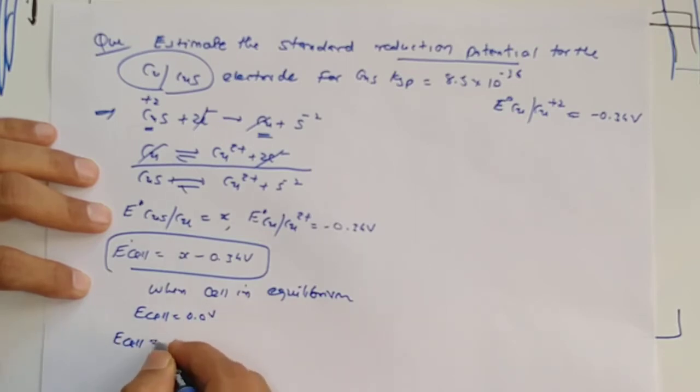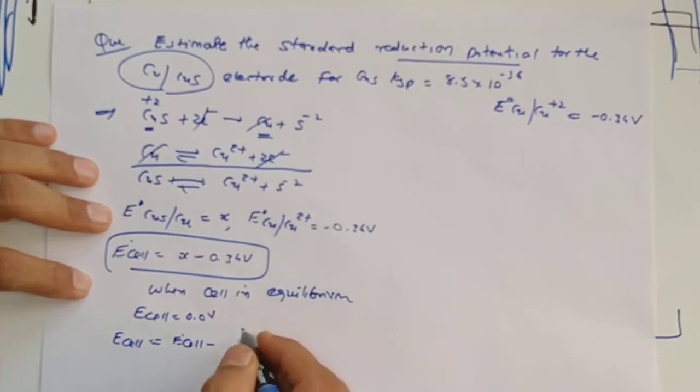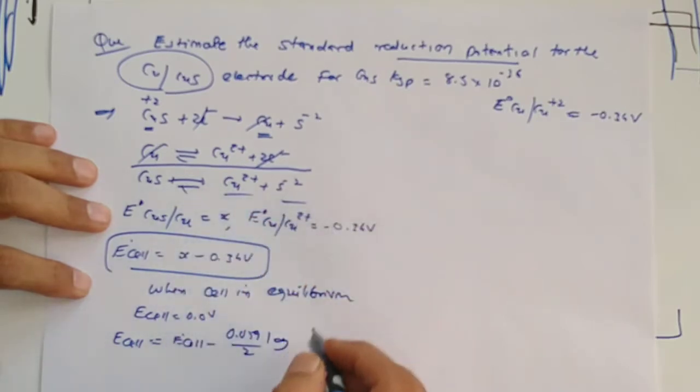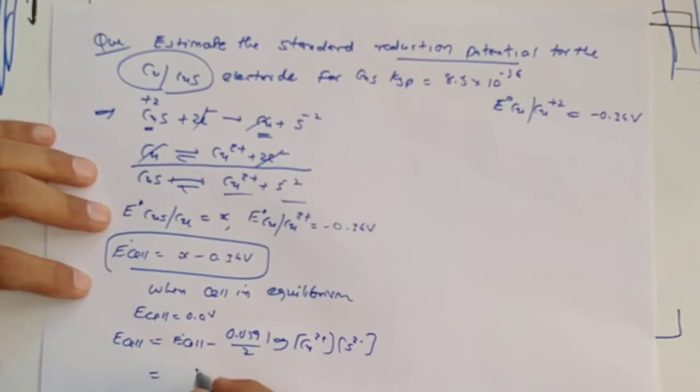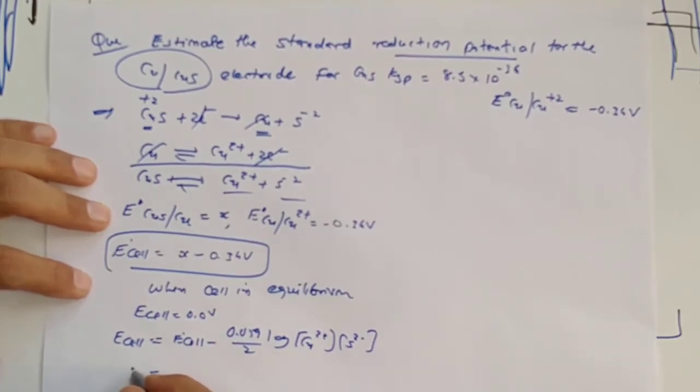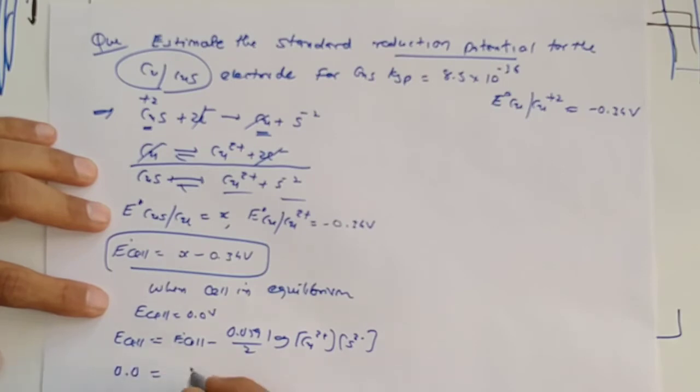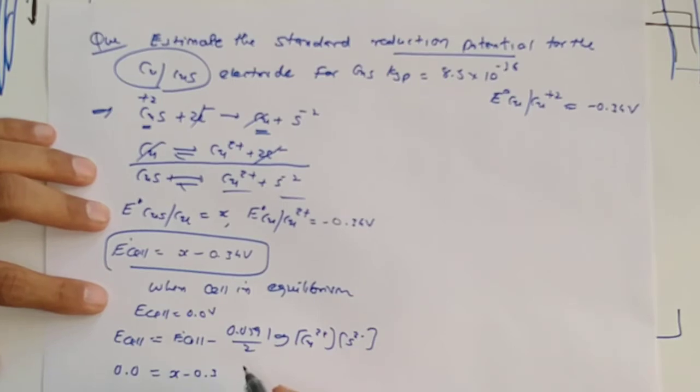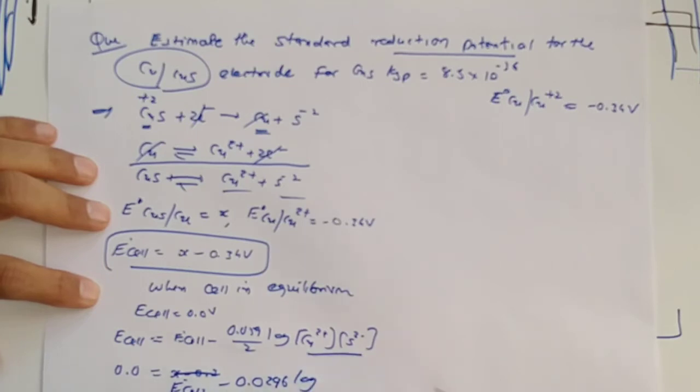So E cell equals E degree cell minus 0.059 by 2 log of Cu2 plus into S2 minus. Here E cell is 0 at equilibrium. Here x minus 0.34 is E degree cell, equals 0.0296 log of Cu2 plus into S2 minus, which is the Ksp.